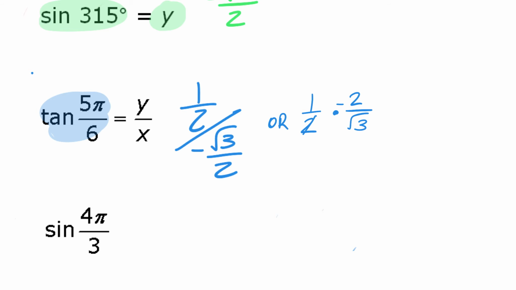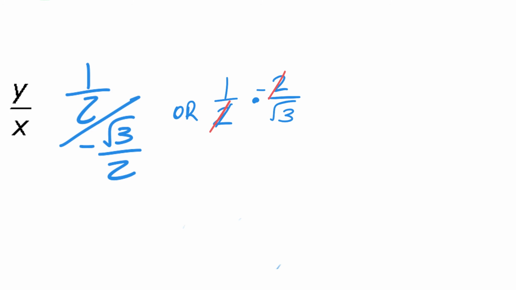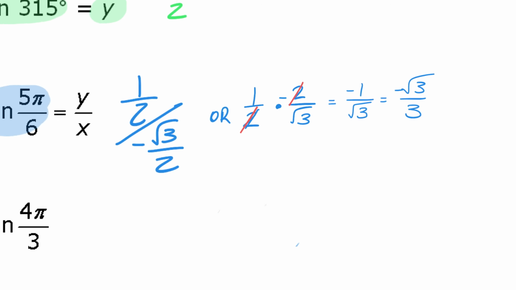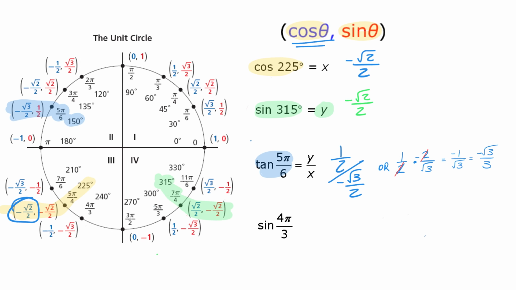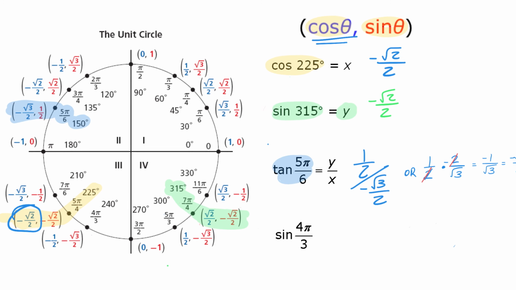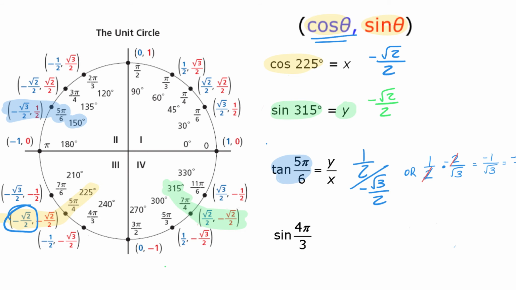Again, the 2's cancel, leaving me with 1 times negative 1 is negative 1 over the square root of 3, and I'm going to bump the square root of 3 to the top and keep the denominator of 3. So that's how we get the tangent ratios on our figure. And again, I don't see many unit circles that give you the tangent, so I do that. So hopefully you're taking advantage.